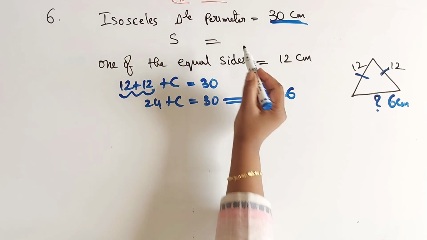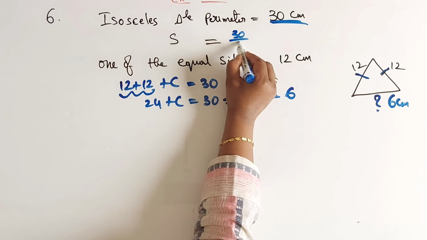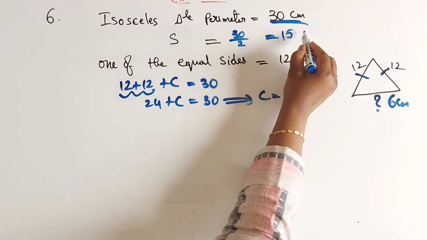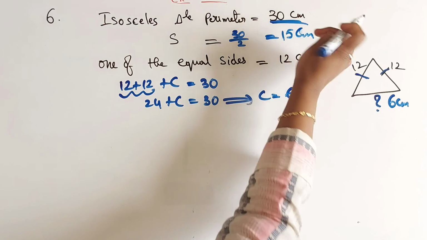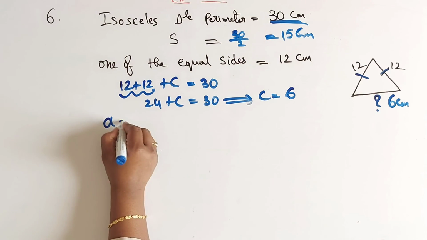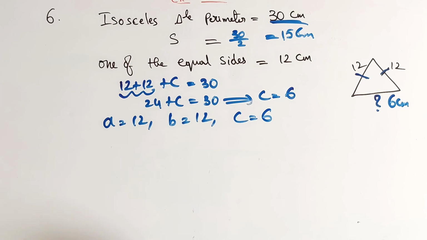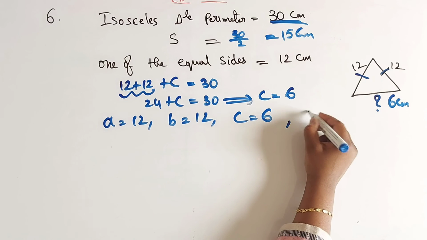Find out semi-perimeter. S equal to perimeter divided by 2. 30 by 2 that equal to 15 centimeters. We know that A, B, C, three sides here and S value is 15.